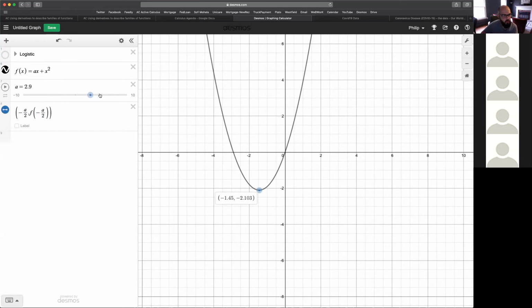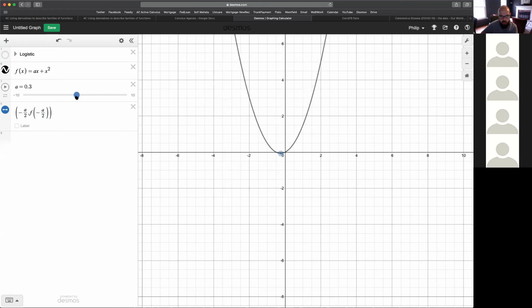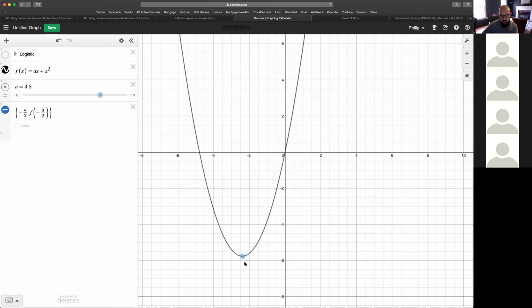And we can see that no matter what my a value is, this point right here is always my local minimum value, no matter what this parameter a is. Throughout this whole thing, we always get this minimum value at negative a over 2.